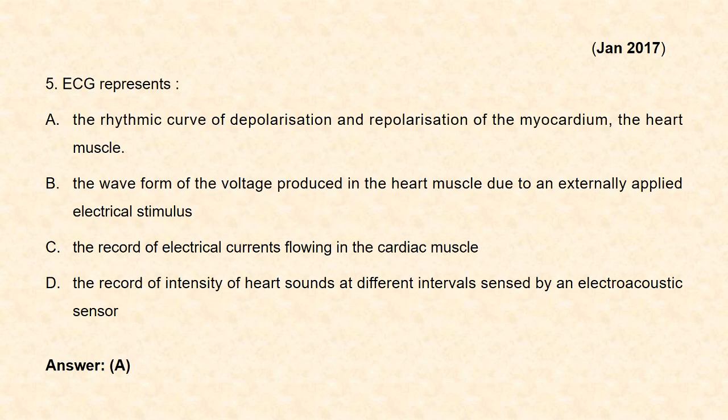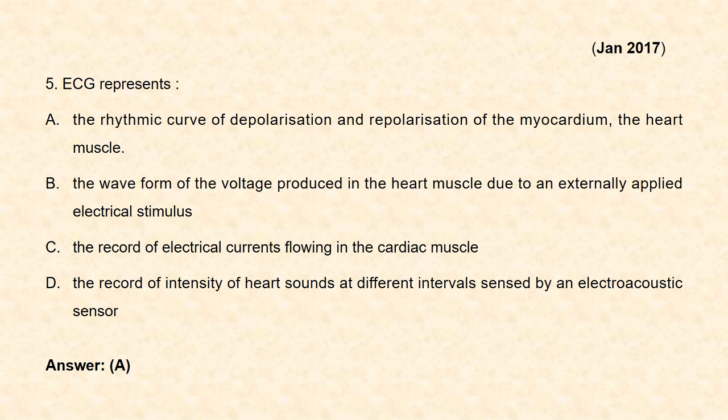Next question. This question was also asked in Jan 2017. ECG represents A. The rhythmic curve of depolarization and repolarization of the myocardium, the heart muscle. B. The waveform of the voltage produced in the heart muscle due to an externally applied electrical stimulus.